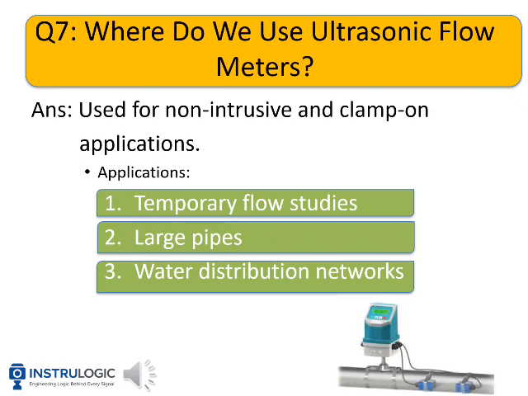Large pipes, because installing other types of meters on big pipes can be expensive and difficult. Water distribution networks, for monitoring flow in municipal or industrial water systems. Ultrasonic meters are popular because they are easy to install, portable, and do not disturb the process.